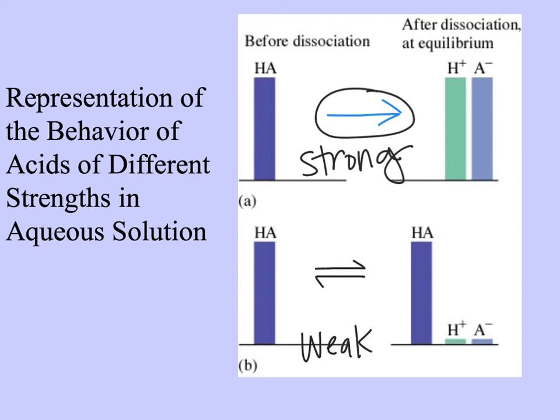Okay? So the double-headed arrow here represents that most of it is going to stay together. And only a small percentage, like usually around 1% or less than 1%, will actually separate into ions. So that's what the double-headed arrow represents. It does not separate into ions very much. Most of it stays together. Okay? And that is a weak acid.